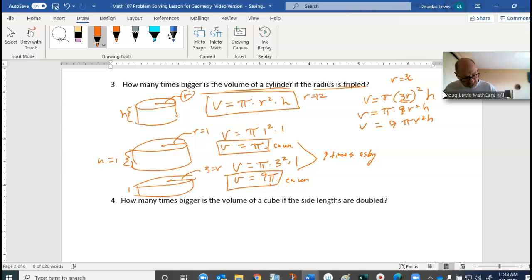So in general, the volume of any cylinder, if you multiply the radius by 3, will be 9 times pi r squared h. So clearly, this is just 9 times bigger regardless. So that's 9 times as big.